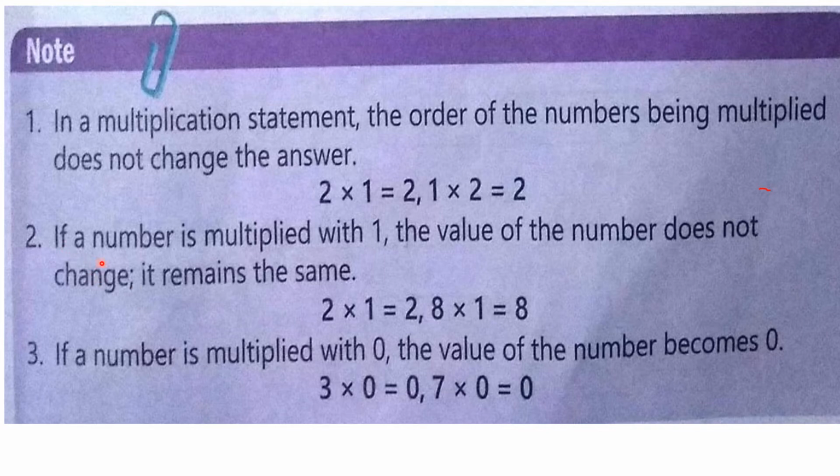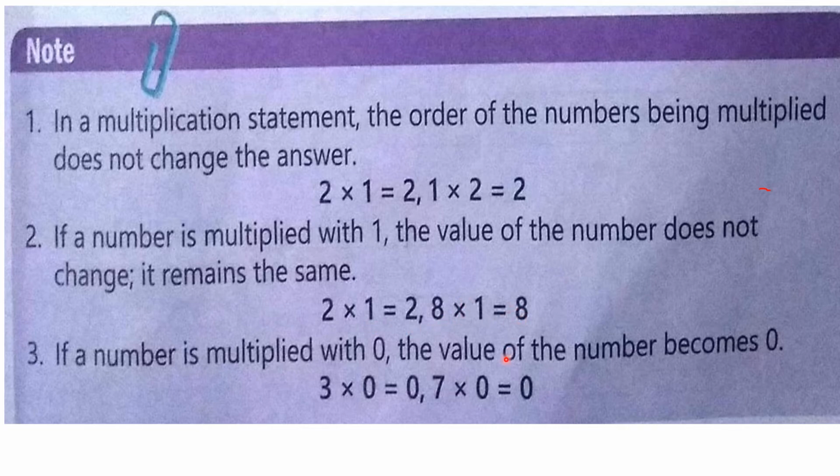Now, if a number is multiplied by 1, the value of the number does not change, it remains the same. If you multiply any number by 1, the answer will be the same number. So 2 multiplied by 1 is 2 and 8 multiplied by 1 is 8.